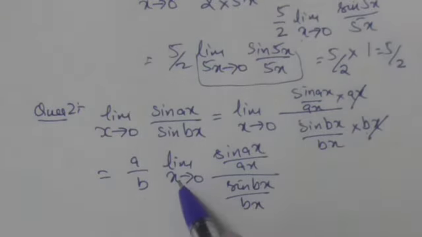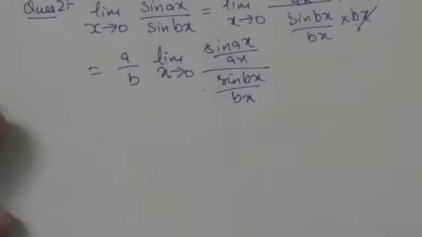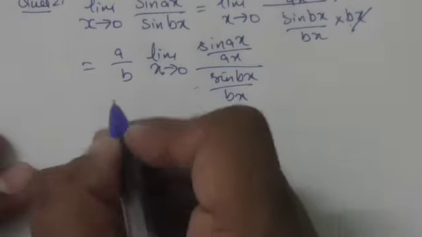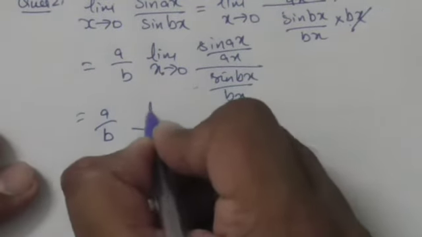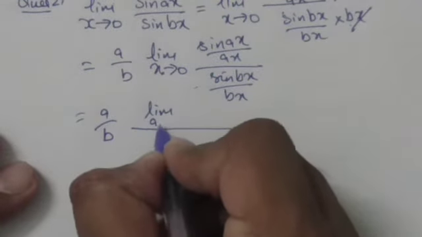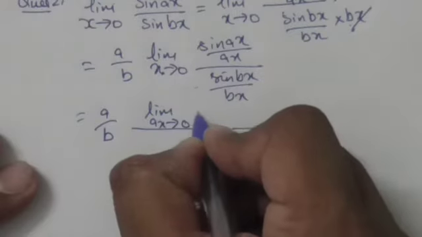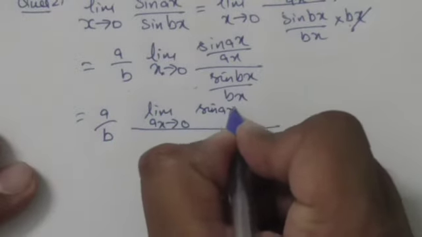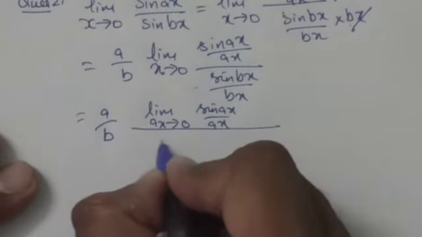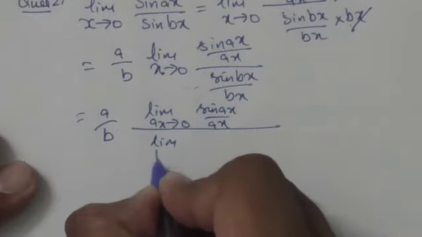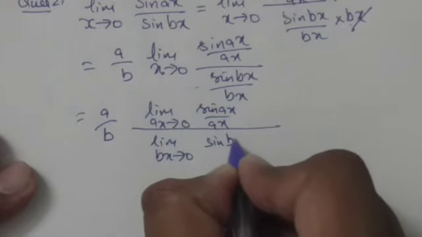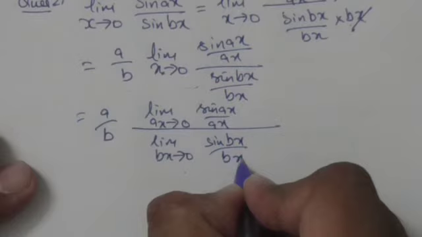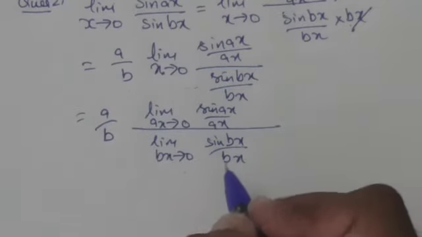Now as x tends to 0, therefore ax tends to 0, and bx also tends to 0. So it will be equal to a upon b limit ax tends to 0 sin ax upon ax over limit bx tends to 0 sin bx upon bx, right?